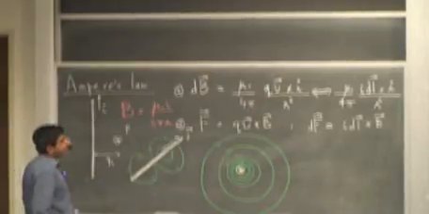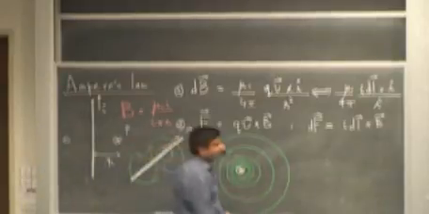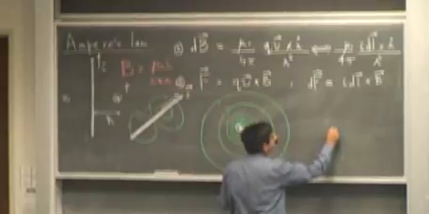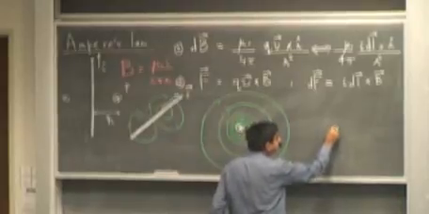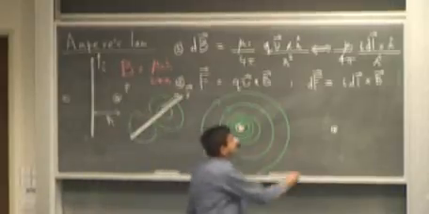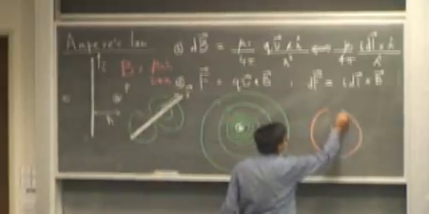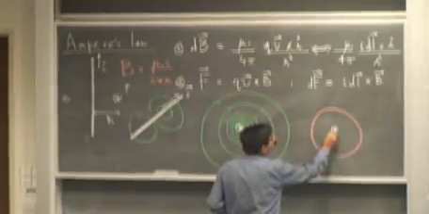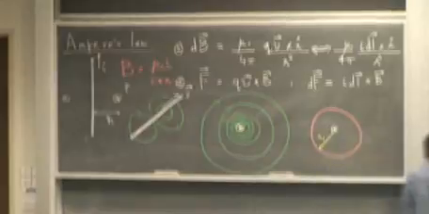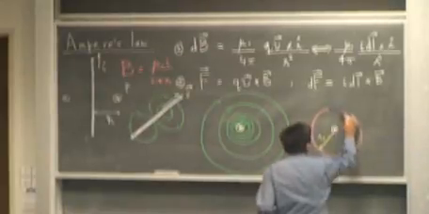Now suppose I have a current carrying conductor, such that the current is coming out. Now I'm at a certain distance R1 from this current carrying conductor. Let me draw a better circle.